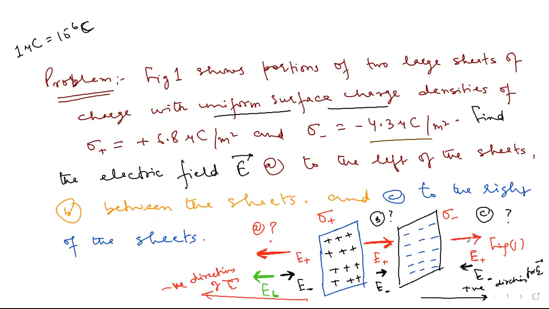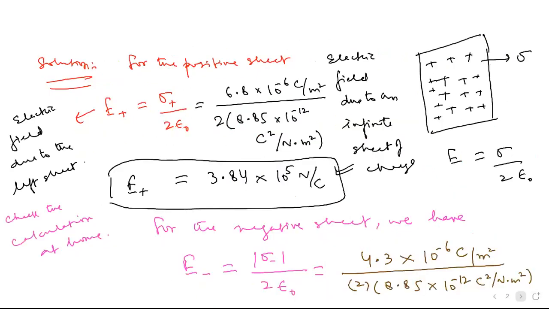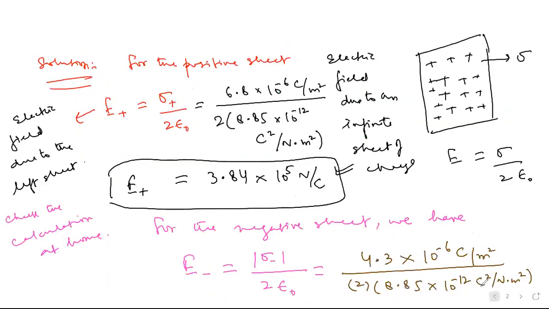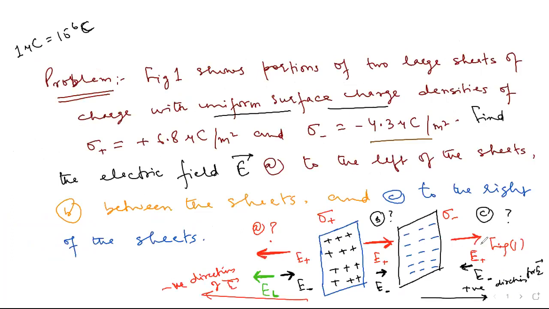So we have to take now E plus as positive, because E plus to the right of the sheets is pointing in the positive direction. So we'll have plus E plus minus E minus.